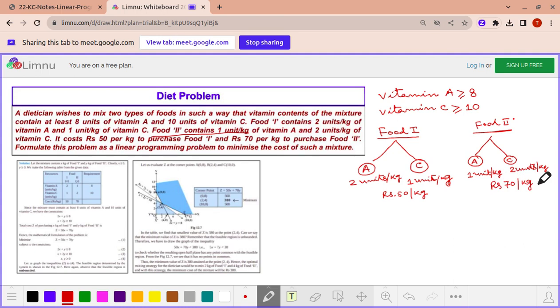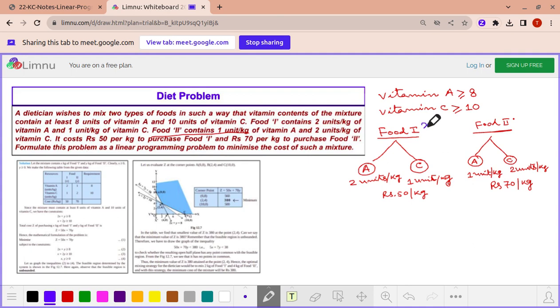Formulate this problem as a linear programming problem to minimize the cost of such a mixture, because the entire diet is actually a mixture of food 1 and food 2, so that it contains the bare minimum requirement of vitamin A and vitamin C. So let us assume that x kg of food 1 and y kg of food 2 is procured.